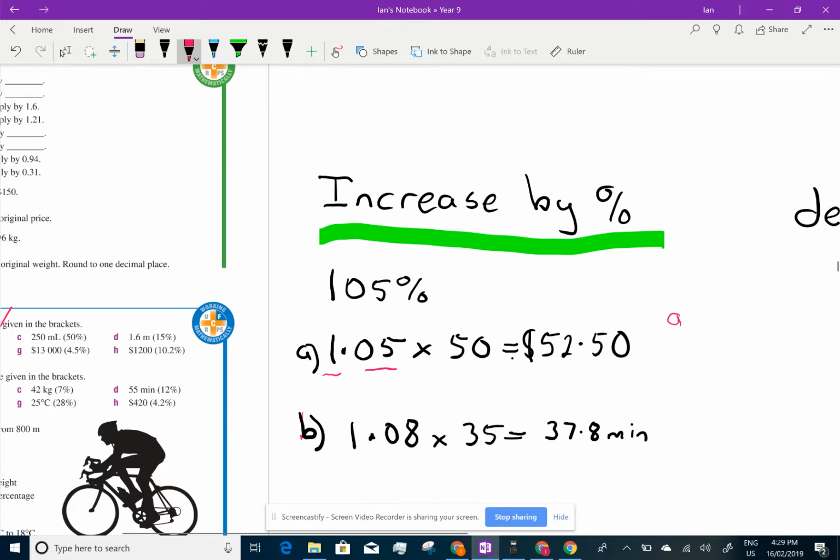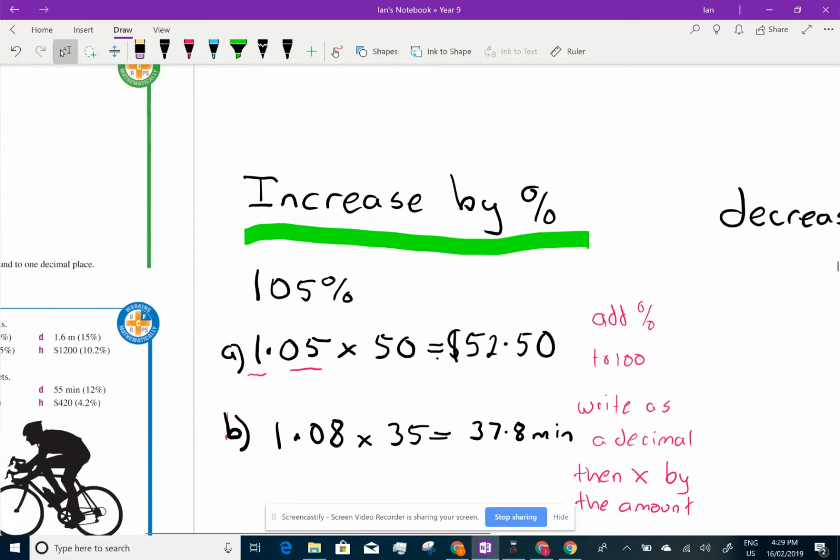We add the percent to 100, write it as a decimal, then multiply by the amount.